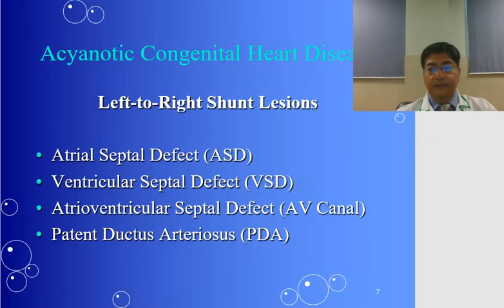The common acyanotic heart diseases are atrial septal defect, ventricular septal defect, atrioventricular septal defect, which is called cushion defect or AV canal defect, and patent ductus arteriosus, which we will focus on today.